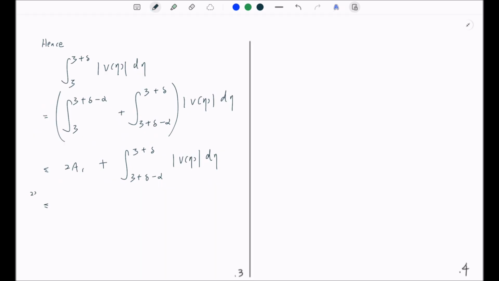So by 22.15.10, this is upper bounded by 2a1 plus this guy, which is delta minus alpha, times an upper bound for the integrand, which is upper bounded by alpha plus little o of 1, where this quantity goes to 0 as zeta goes to infinity, because this eta is between these two numbers, and delta minus alpha is positive.